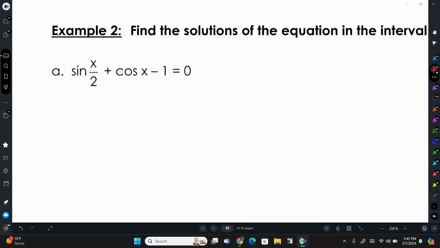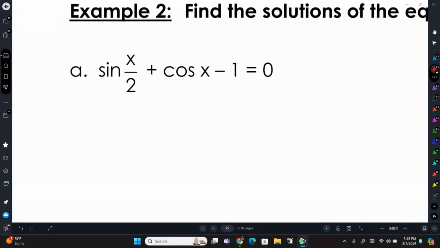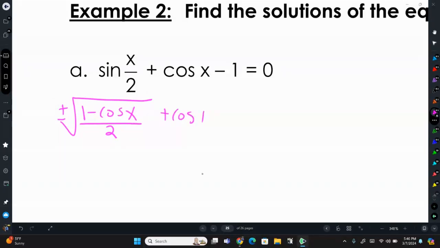Well, using the half angle formulas, sine of x over 2 is equal to plus or minus the square root of 1 minus cosine of x over 2. And then we have plus cosine x minus 1 equals 0.